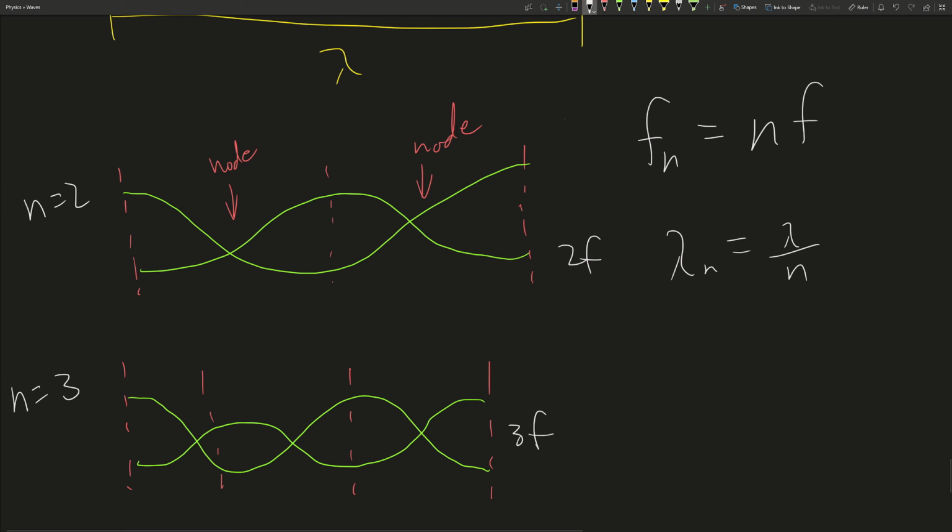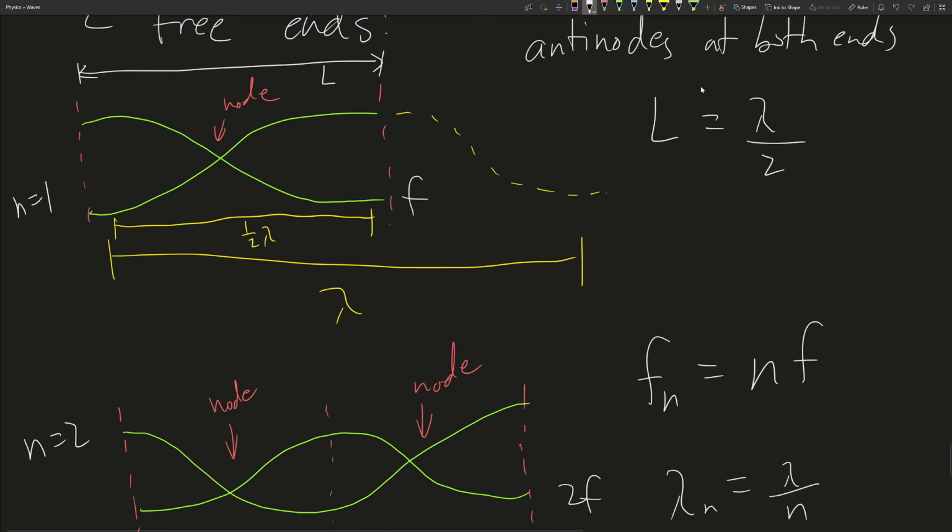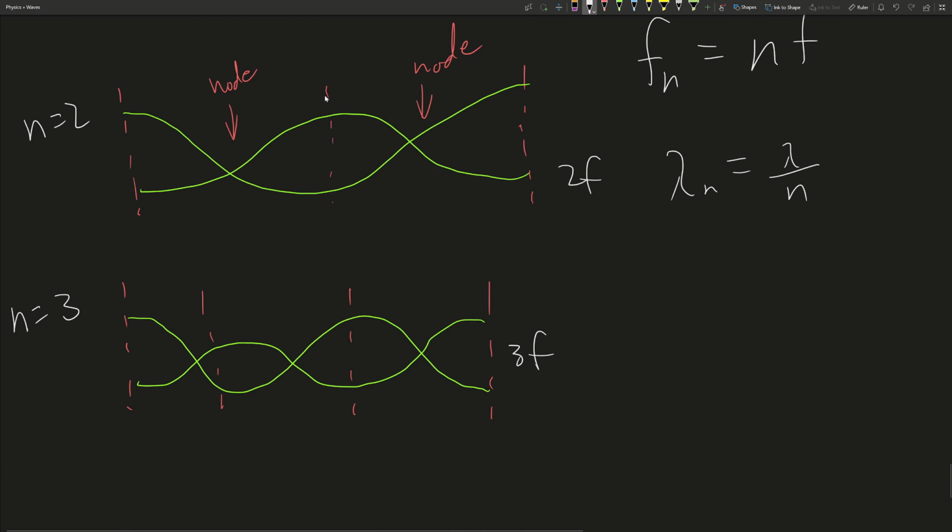So if this wavelength up top here was lambda, then this section here is going to be 1/2 of the nth wavelength.